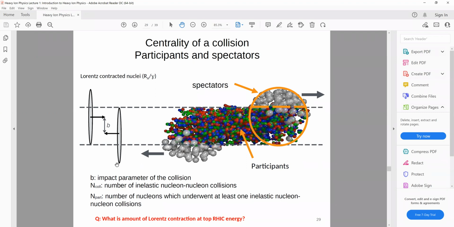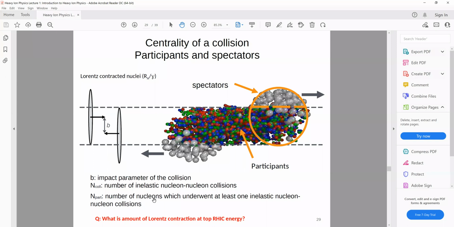And we know from our definition that an inelastic collision is one in which new particles are produced, while elastic collisions are those in which new particles are not produced. That is why when we talk about the number of binary collisions, what we basically mean is the number of inelastic nuclear collisions taking place in the collision zone.